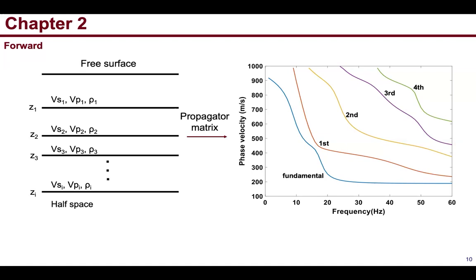I don't think there is an explicit relation. It must, because it's the degree of the matrix. The more boundaries you have, the bigger the matrix gets. Not a bigger matrix, but when you multiply the matrices you will have a higher order of polynomial in the determinant, and when you solve that polynomial you will find more roots. But in the borehole case, because the Bessel function has an infinite number of roots, even if you have only one layer you have infinite roots.